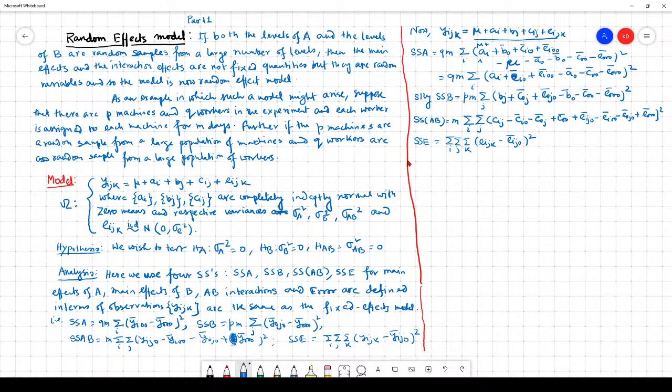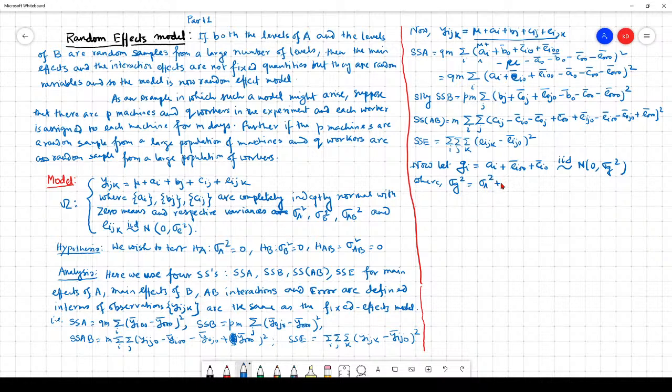Now let Gi, which is equal to Ai plus Ei naught naught bar plus Ci naught bar. This follows IID normal 0, sigma G square, where sigma G square, you can check this thing, okay?